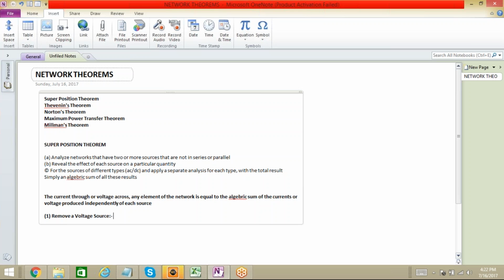Whenever we remove a voltage source from a network schematic, we need to replace it with a direct or short circuit of 0 ohm. It should be a short circuit. Any internal resistance associated with a source must remain in the network. Now let me show you how it actually looks if you replace one voltage source. Let's draw it.